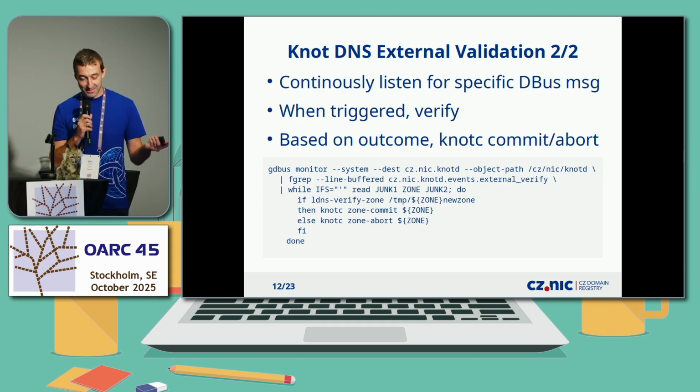And once the zone is validated, the validating script uses the control socket to tell the daemon back whether the validation succeeded or not. I have written an example bash script which does exactly this. It seems complex as I talk about it, but in the end, it even fits on the slide.